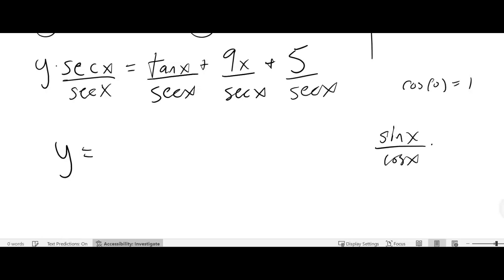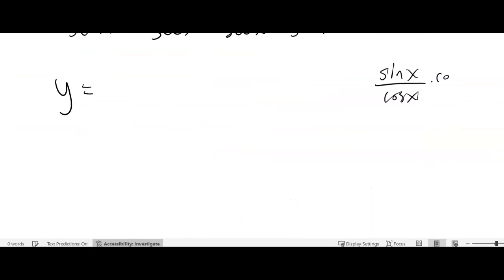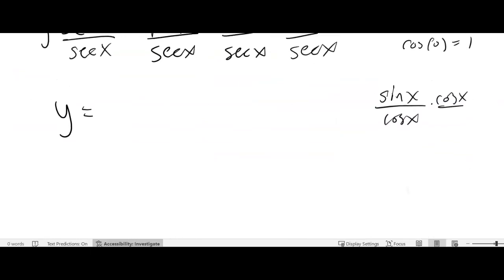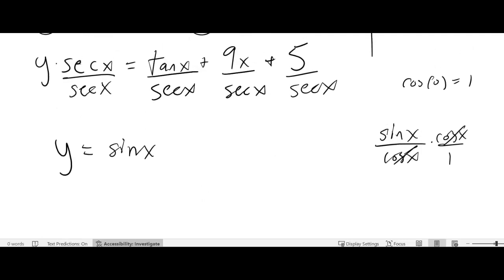So dividing by the secant is the same thing as multiplying by the cosine. Secant is 1 over cosine, so you divide by 1 over cosine. You multiply by cosine over 1, so tangent over secant is just the sine function. And of course, 1 over secant is the cosine function.